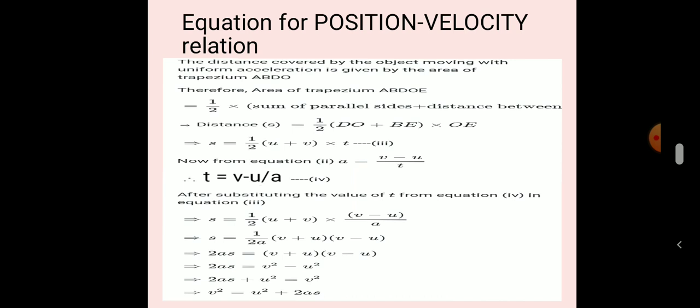This equation is giving the relation between the position and velocity, and this is known as the third equation of motion.